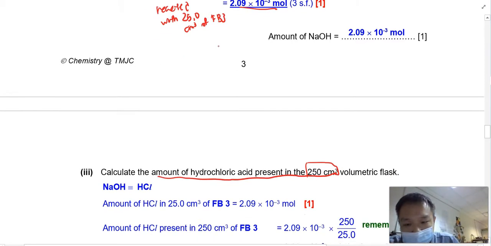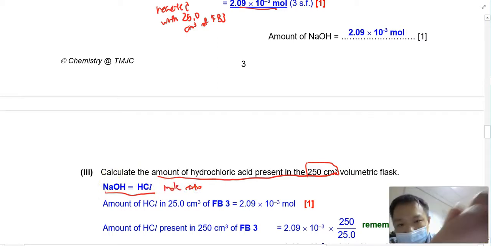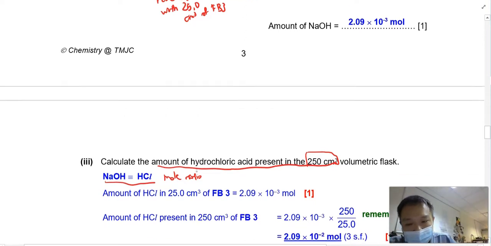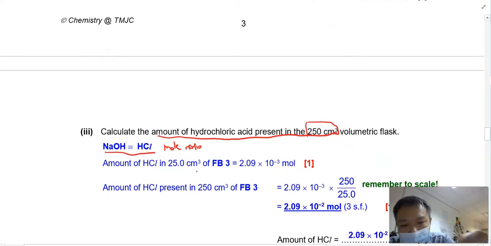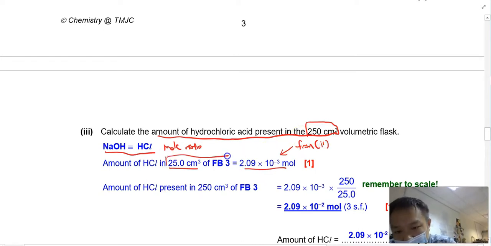We are supposed to find the amount of HCl present in 250. Because NaOH and HCl react in a 1:1 ratio, this mole ratio needs to be stated, so the examiner can see how NaOH relates to HCl. So the amount of HCl present in 25 cm3 is the same value as what you calculated in part 2, because you only use 25 cm3 of FB3 for the titration.